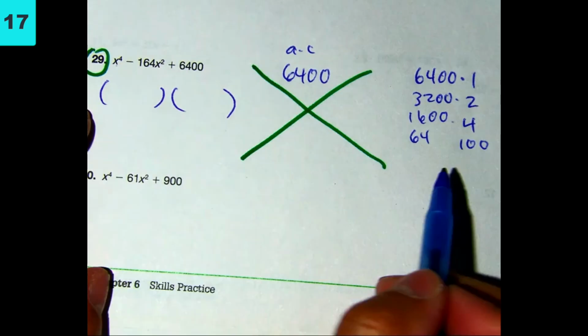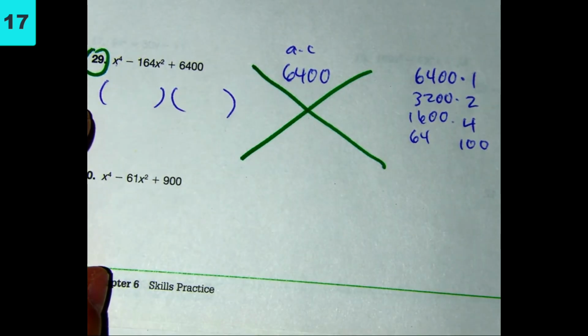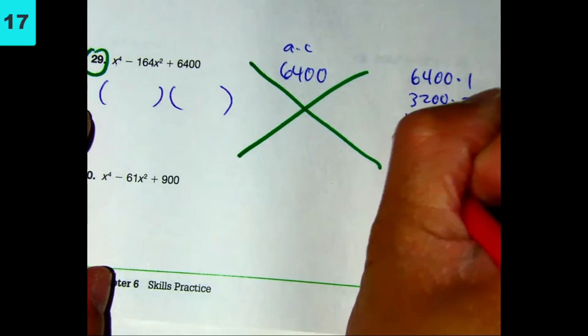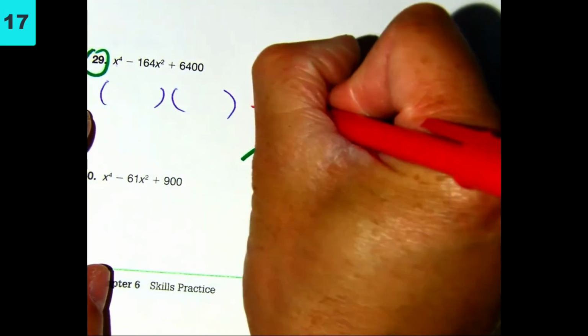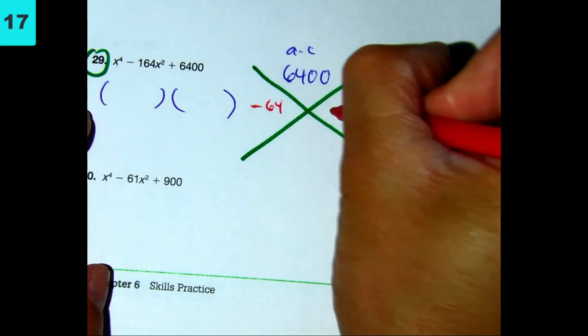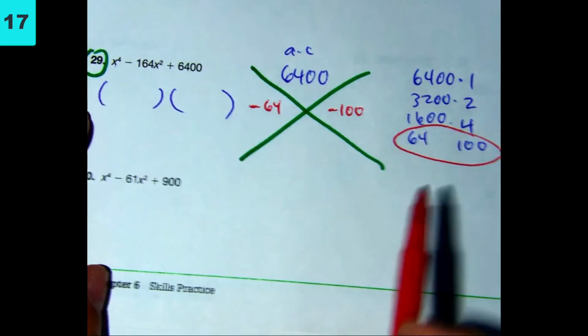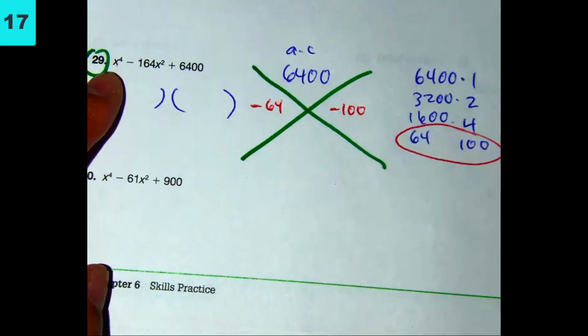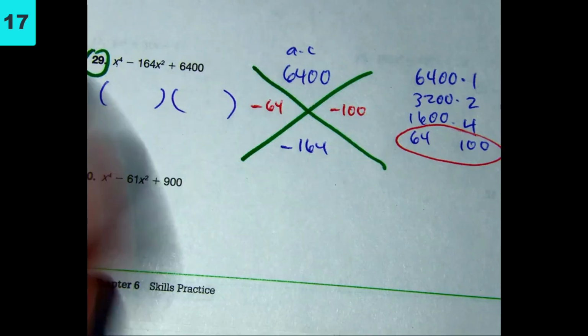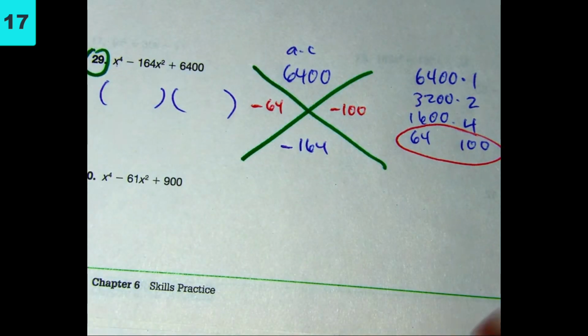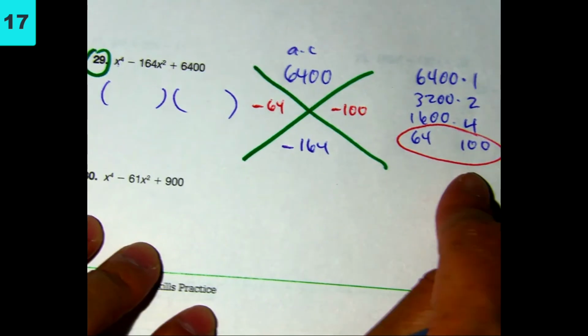Did we get it? Negative 64 times negative 100 gives me negative 164. And so this strategy of listing out the numbers is very helpful.